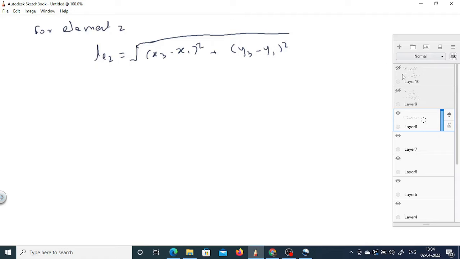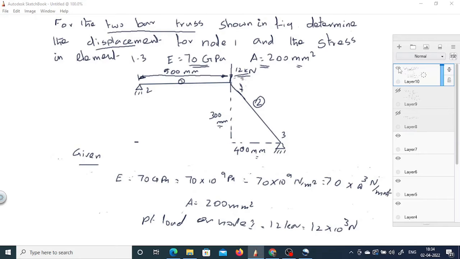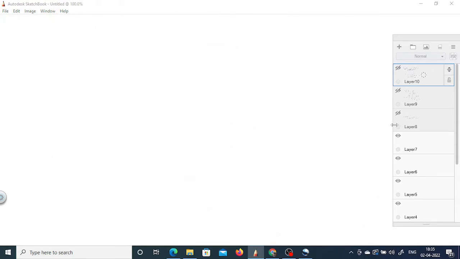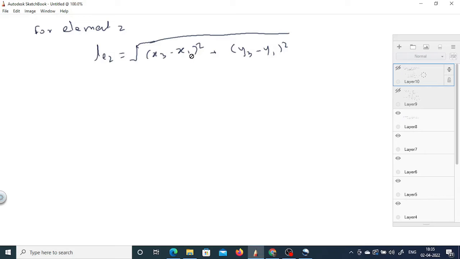Why did I write it like this? Element 2 has node 1 and node 3. So the distance can be identified from x3 minus x1 and y3 minus y1. So I wrote the formula as the square root of (x3 minus x1) square plus (y3 minus y1) square.